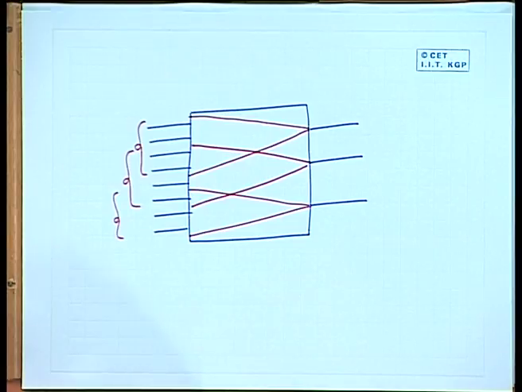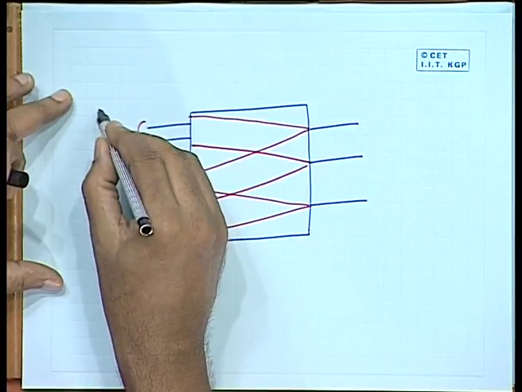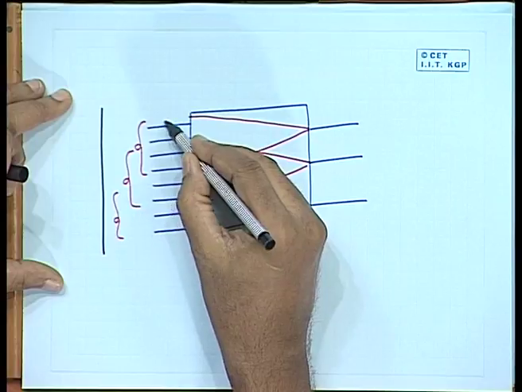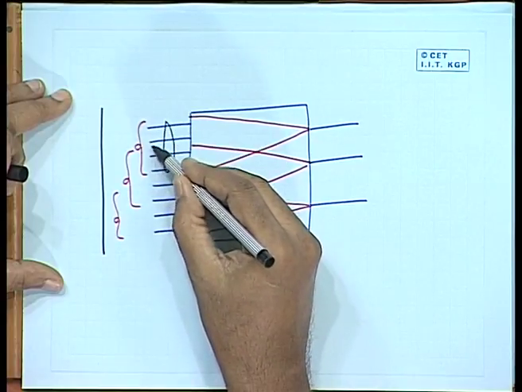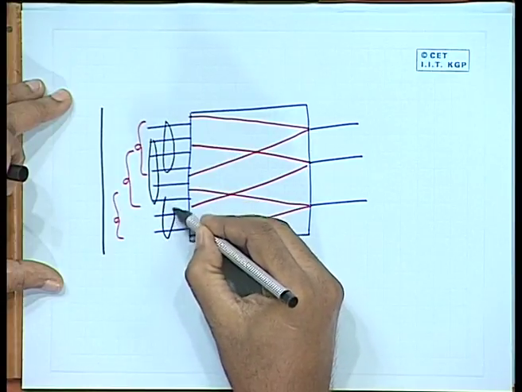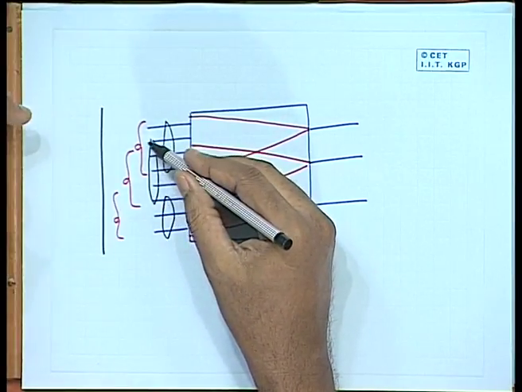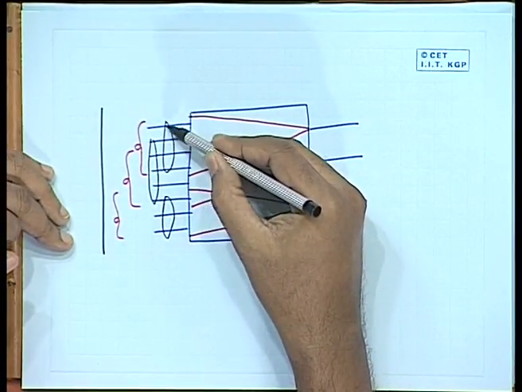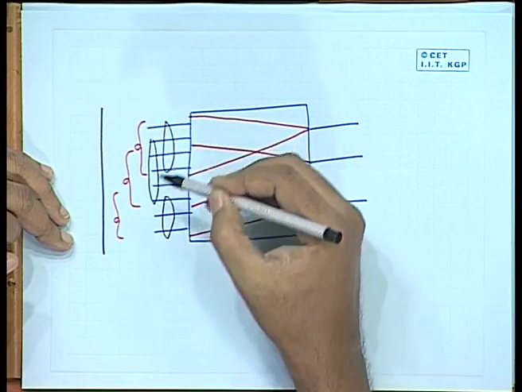Now, pseudo exhaustive test pattern, what it says is that you try to generate patterns on the input in such a way that with respect to these blocks, this block of 4, this block of 5 and this block of 3, they all get all possible combinations among themselves. For example, among the first 4 you get all 16 combinations applied. Well, there may be some repetition, but you do not mind repetition, but at least all possibilities may be there.